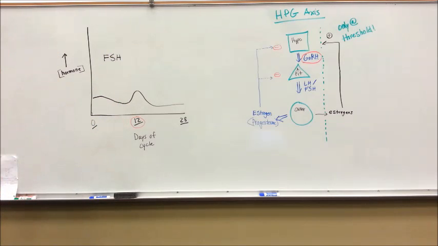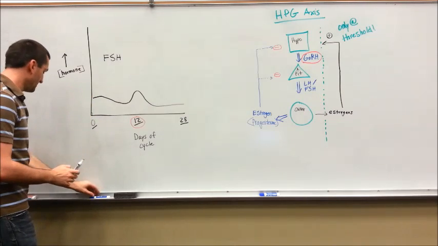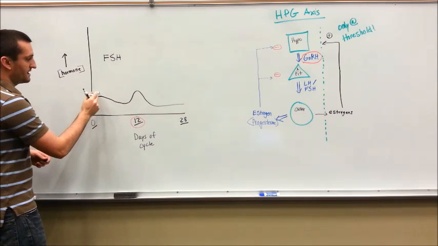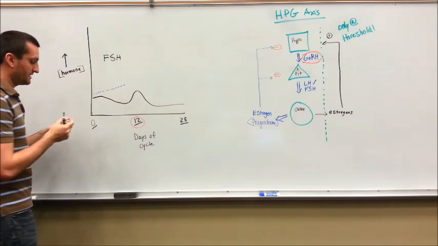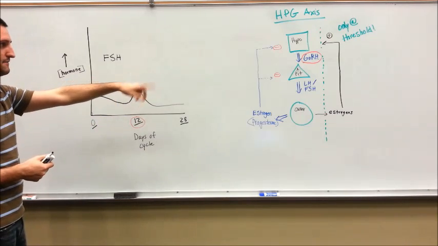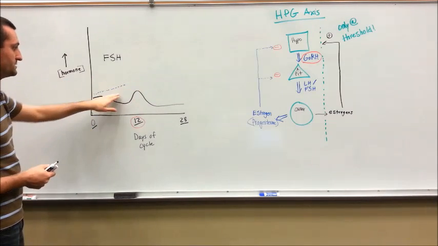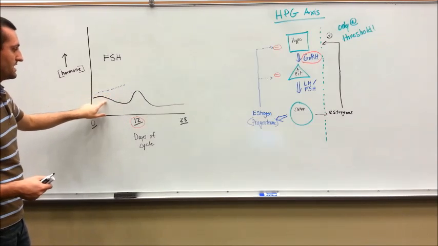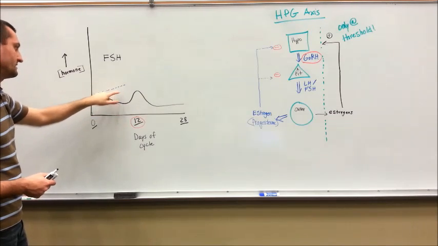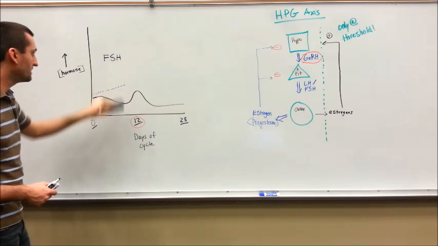Lastly, the fourth hormone that we're going to cover is going to be follicle stimulating hormone, also known as FSH. So we can tell here that we have low amounts of FSH, which are going to stimulate the estrogen, and as estrogen increases, that's going to negatively feed back into the HPG axis. So we're going to have decreasing levels, so increasing estrogen, decreasing FSH.